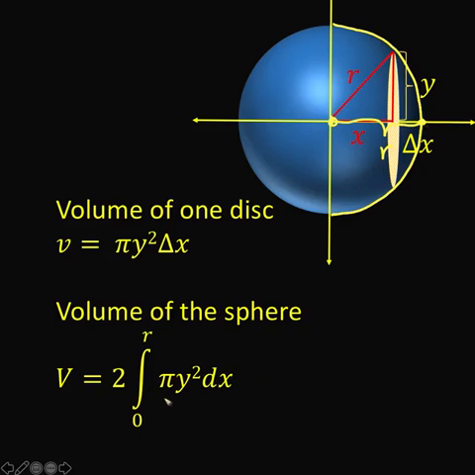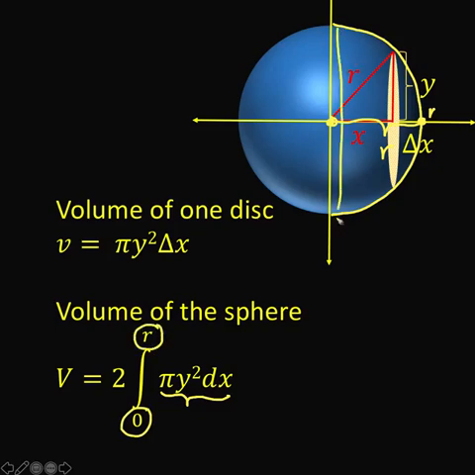Since the volume of one disc is pi y squared dx, and we want to sum up the volume of these discs from x equals 0 to x equals r, then we can now sum up all these volumes with changing height, because the height would depend on the value of the function. And summing those up would now be this elongated s, which is our symbol for integration, and we are going to perform the summing up of these volumes from x equals 0, which is now this number, up to x equals r.